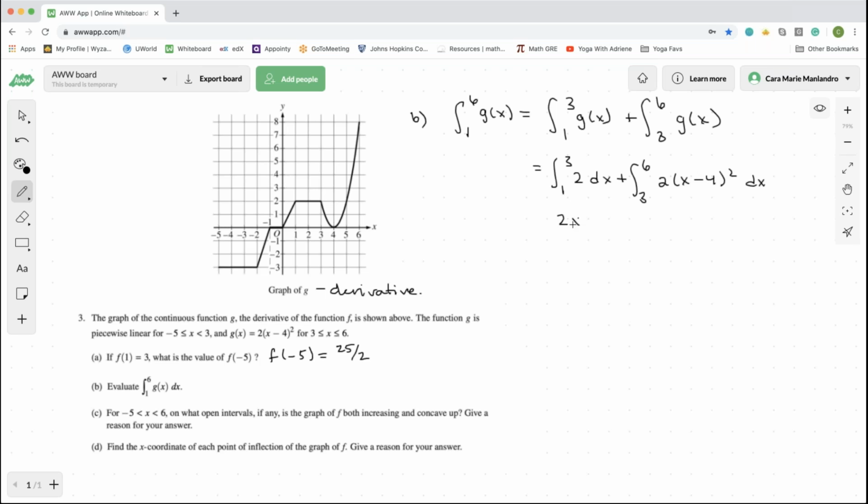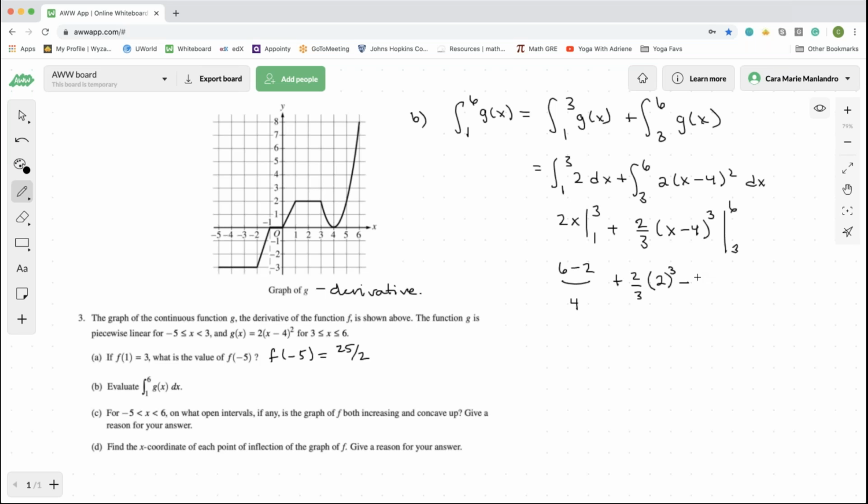Okay, so 2x from 1 to 3. And then when I integrate this thing, I can do 2/3 times x minus 4 cubed, from 3 to 6. All right, this becomes 6 minus 2, which is 4. And then 2/3, plug in the 6, you get 2 to the 3rd.